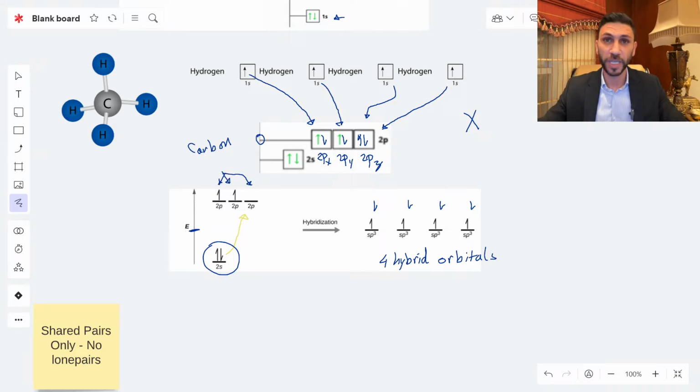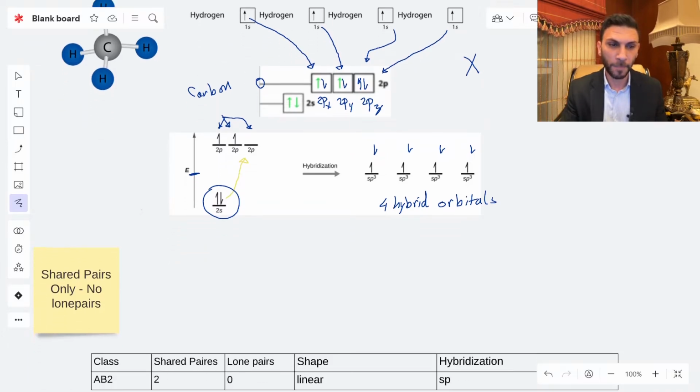So basically 4 atomic orbitals form 4 hybrid orbitals, and they are s, p, p, and p. That's why it's sp3. We have many types of hybridization. We're going to study it in detail when the time comes.